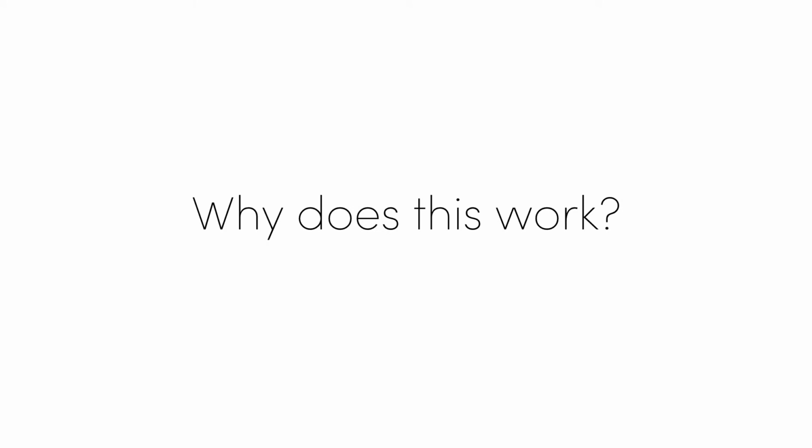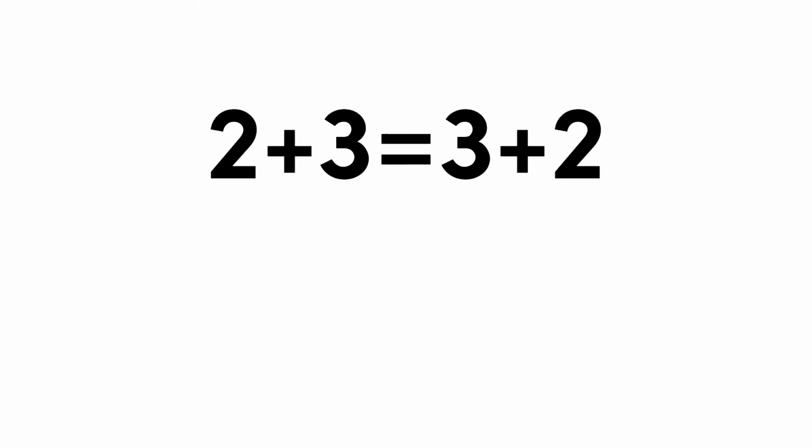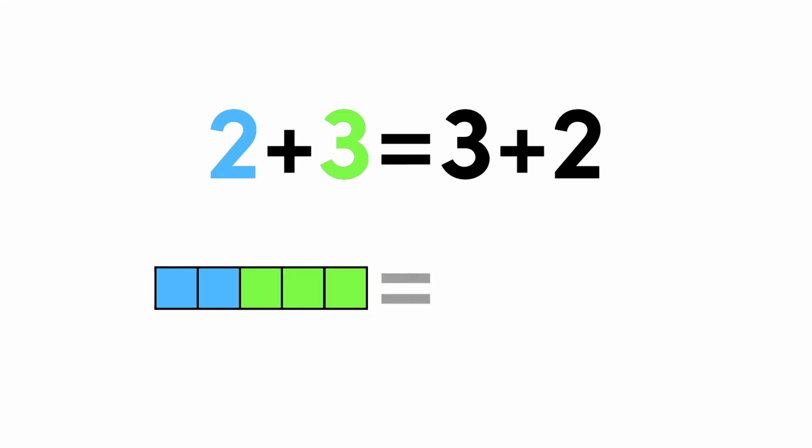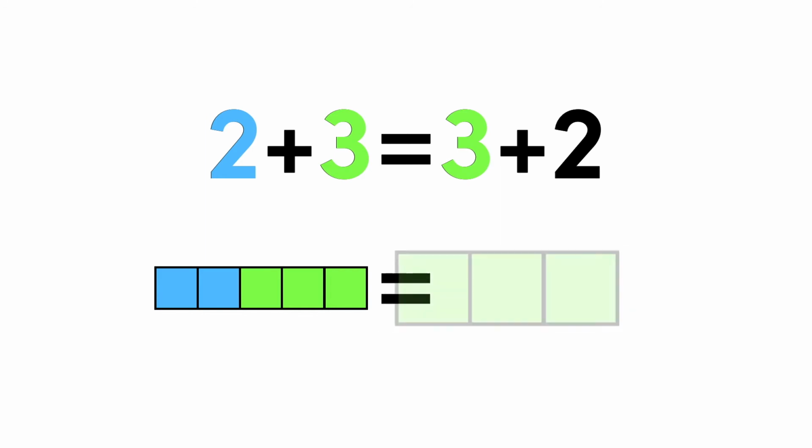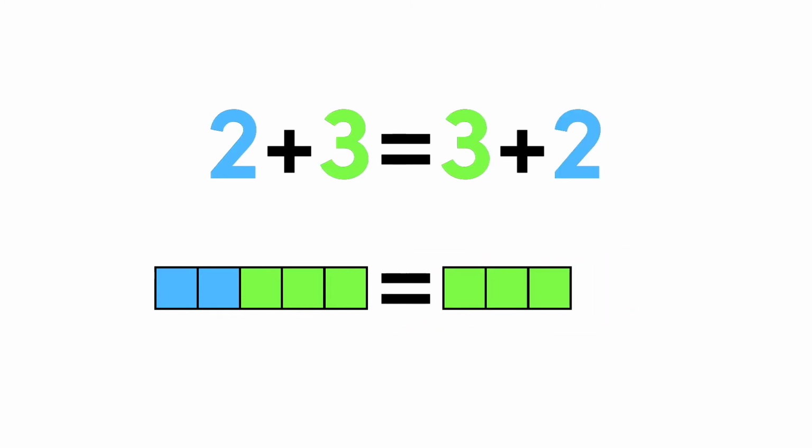So why does this work? Let's look at an intuitive way of showing how this works. If we take the first number, which is 2, we add 2 blue boxes, and then we take the 3 and add 3 green boxes. For the other side we have 3, so we add 3 green boxes, and for the 2 we add 2 blue boxes.